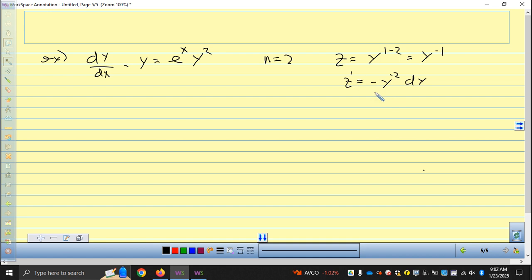We are going to multiply through by this, negative y to the negative 2.